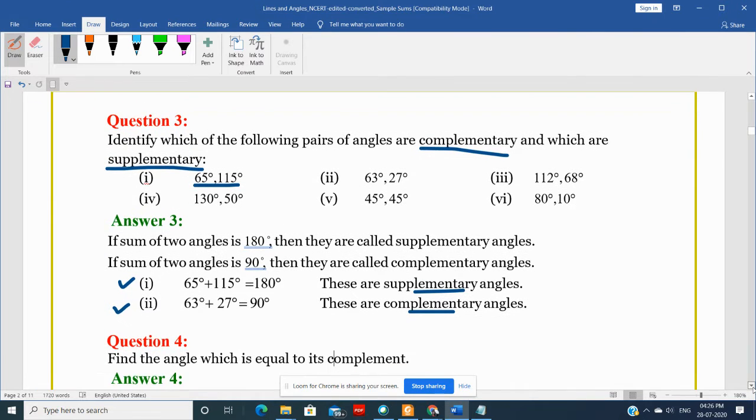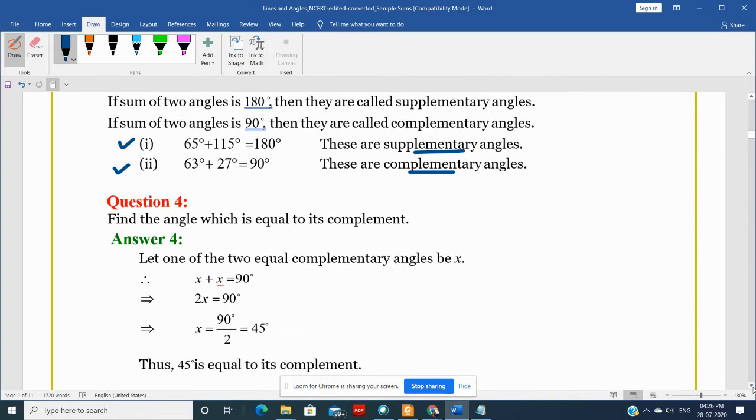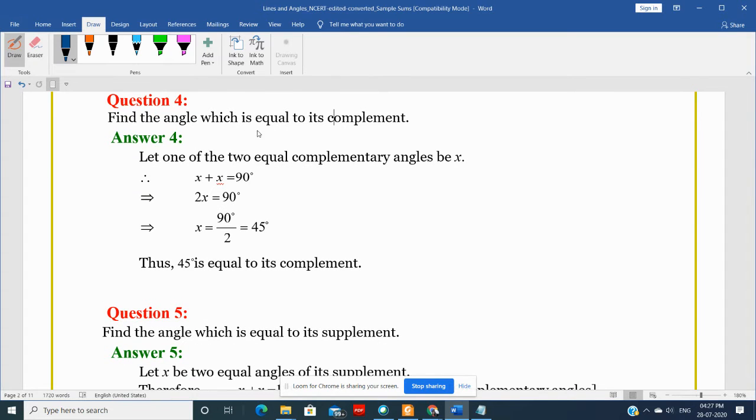Alright? Coming to the next one, find the angle which is equal to its complement. Now this is very important to read because when two angles are equal and they are complement, they are making a complementary pair. Then first of all, we are supposed to suppose the angle.